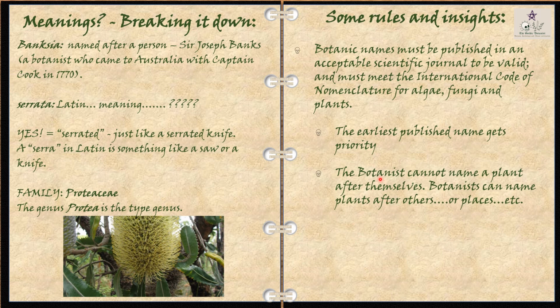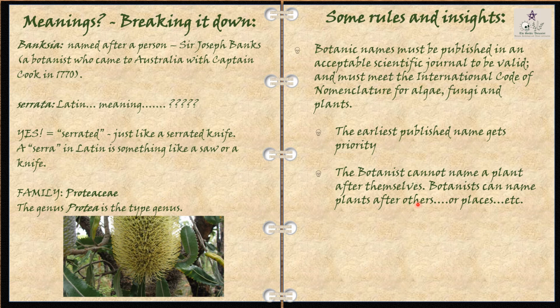There's a furphy here that I'd like to talk more about. The botanists cannot name a plant after themselves. Some people think that Joseph Banks named everything after himself. Even back then, it wasn't allowed. Some botanists can name plants after others.